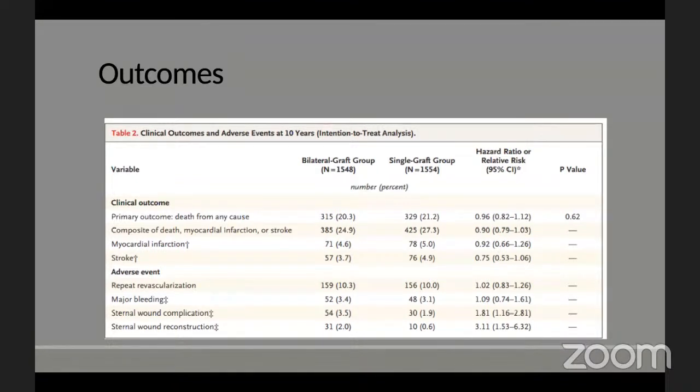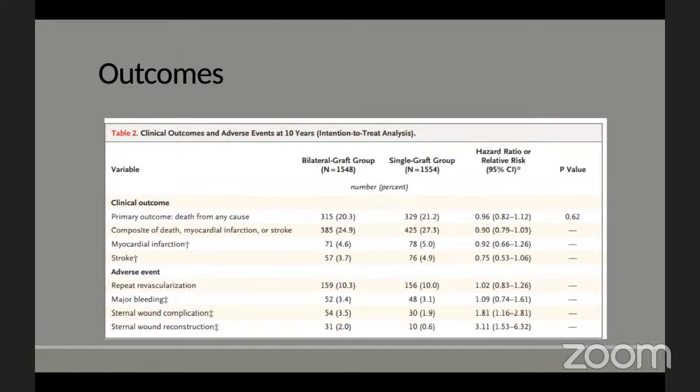In the composite of death, myocardial infarction or stroke, the single graft group also had a higher number, 425 versus 385. Myocardial infarction was also higher in the single graft group, 78. Stroke was also higher in the single graft group, 76.